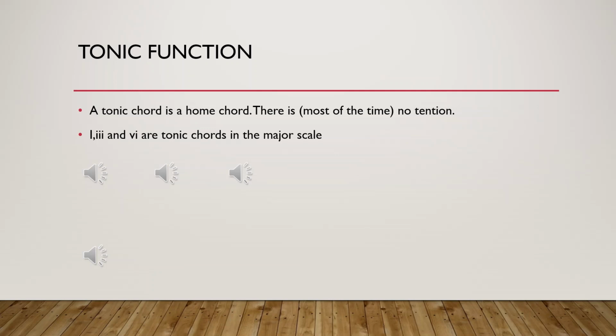A chord where there is no tension, where the music wants to resolve to, is called a tonic chord. The 1, 3 and 6 in a major scale are tonic chords. So in the key of C major, that would be C major, E minor and A minor.